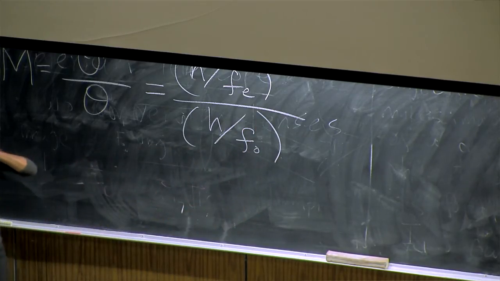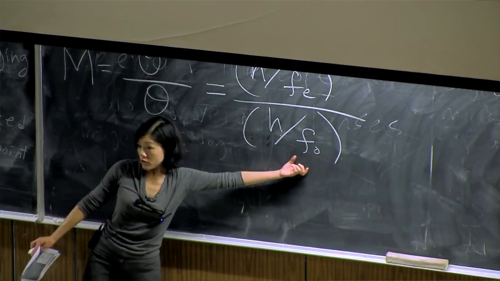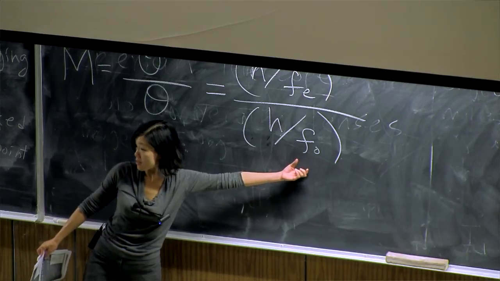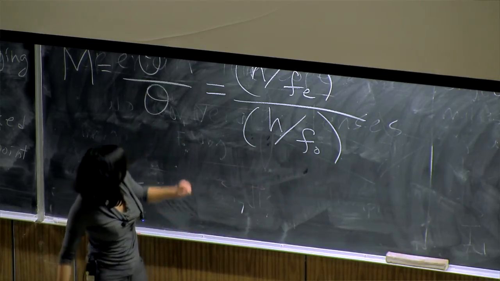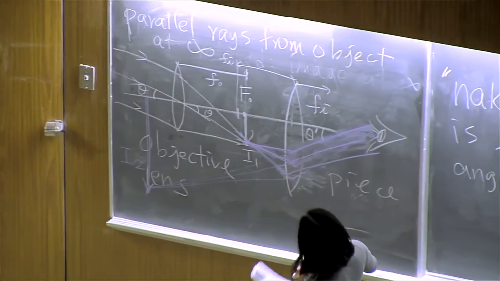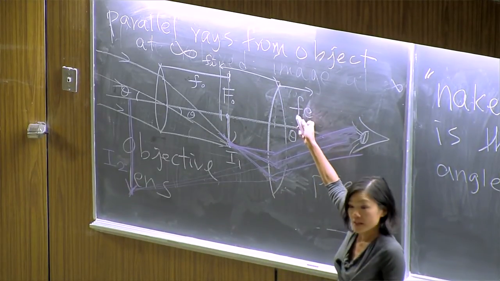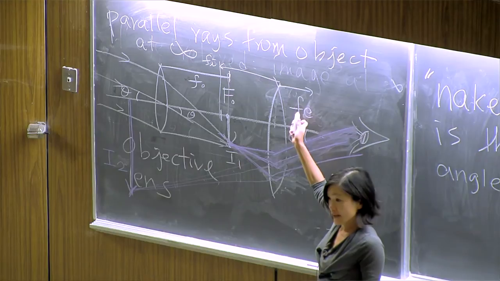So theta is the ratio of the object height h to f naught, the focal length of the objective lens, whereas theta prime is h divided by f sub e, the focal length of the eyepiece.